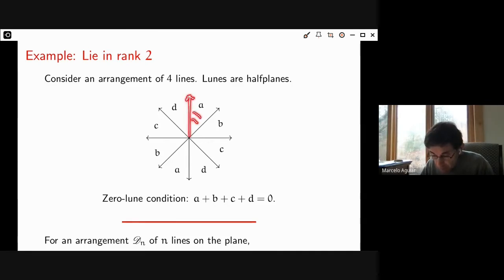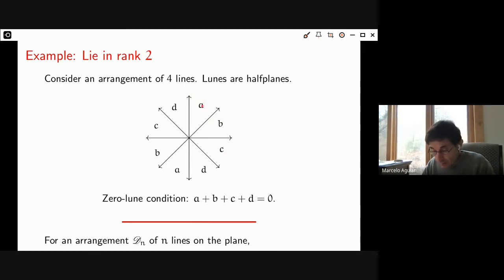I pick a face and I pick a chamber that contains the face. A lune, if you were able to absorb the definition of the Tits product, you will see that the lune is this half plane. The lune defined by this face and that chamber is this half plane. So the condition that you have to enforce is that the coefficients that you put on these 4 chambers add up to 0.